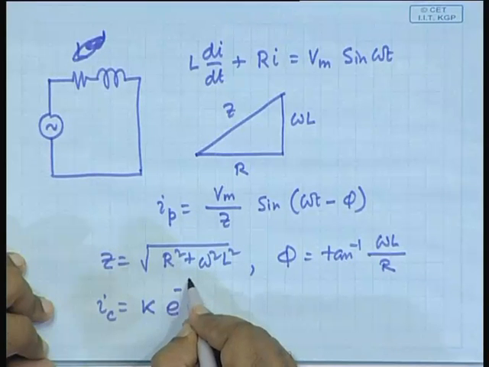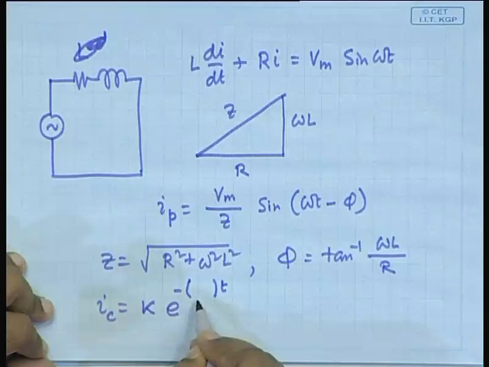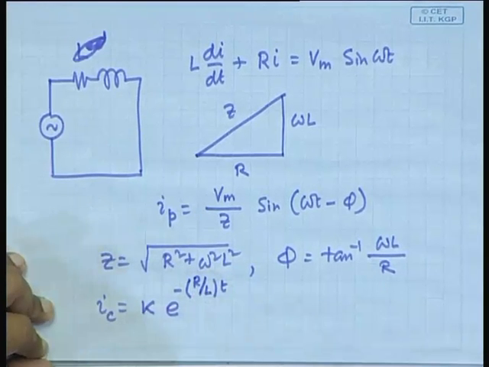Something times t, R by L. Here it will be L by R. The exponent is R by L, so t by tau.